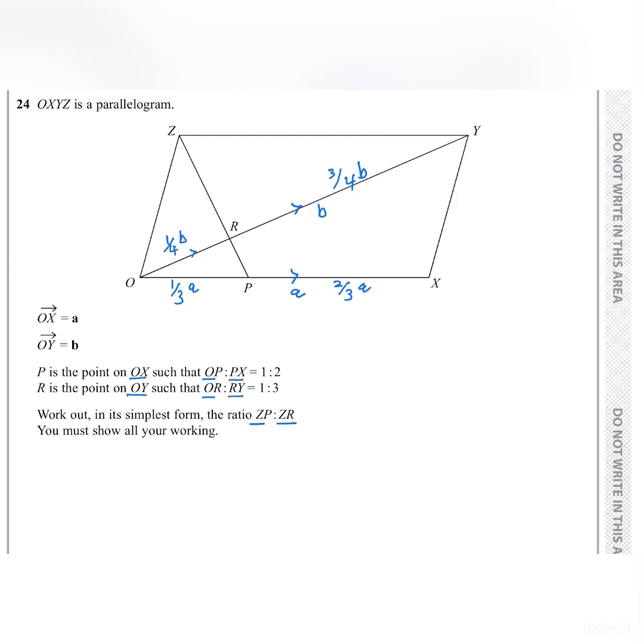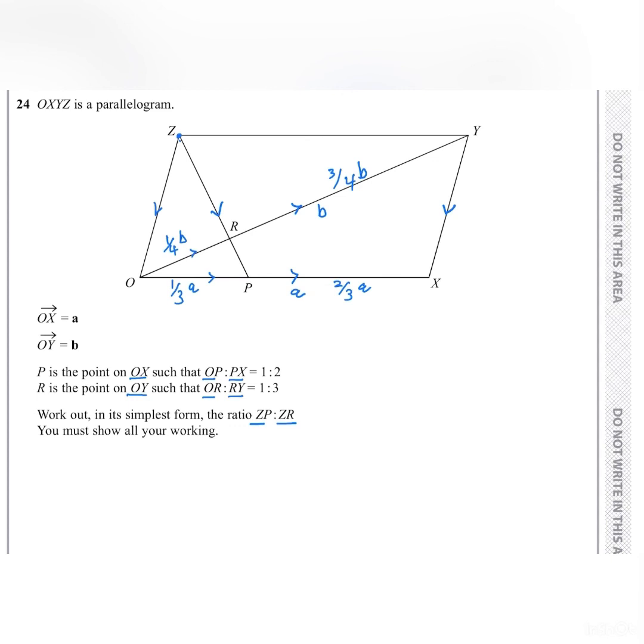Now it says work out in simplest form the ratio Z to P and Z to R. Okay, so how do we get from Z to P? We can get from Z to P by going Z to O first, and then from O to P. Now to go from Z to O, that is the same as parallel lines on a parallelogram, so equal length and direction.